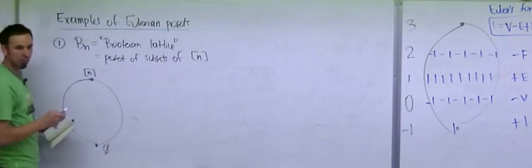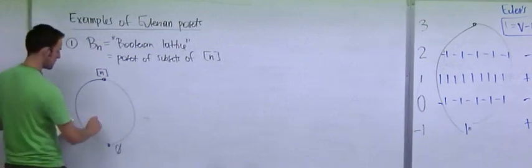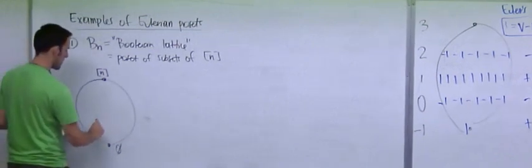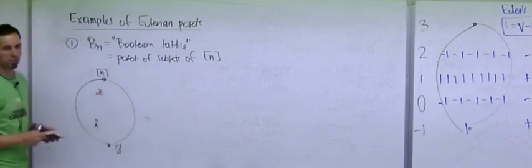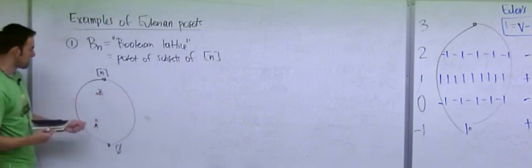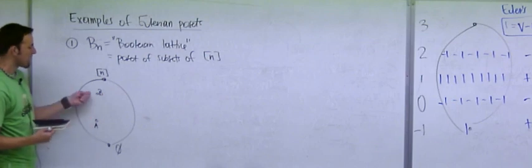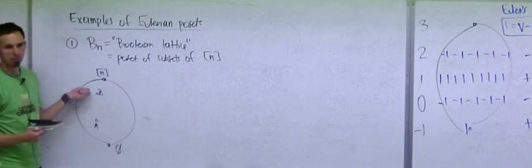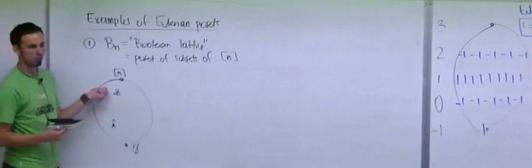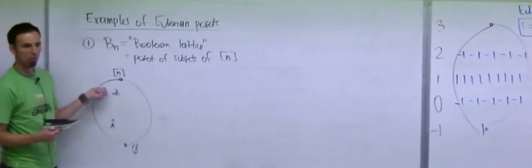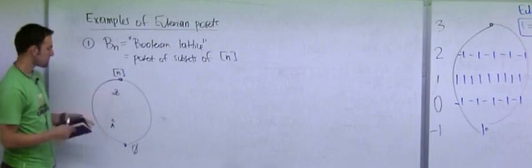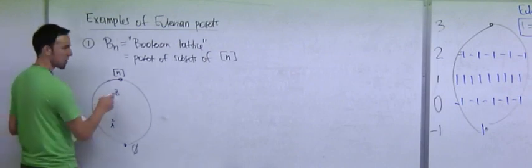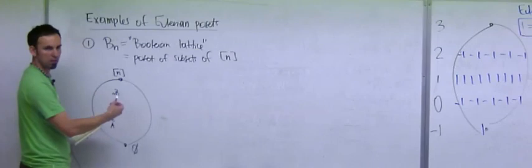Why is this an Eulerian poset? Well, to show to you that this is an Eulerian poset, I have two alternatives. Either I show to you that mu of a comma b is minus 1 to the size of b minus a, or I show to you that between a and b there is an equal number of even and odd sized sets.